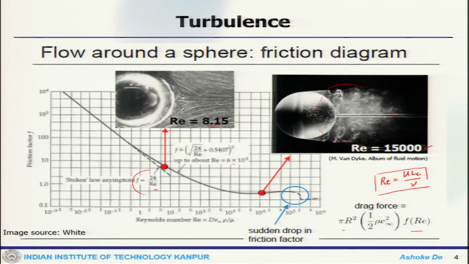Welcome back. So, let us continue the discussion on turbulence. We just started the discussion on turbulence, and where we have stopped is just looking at the problem of the sphere.